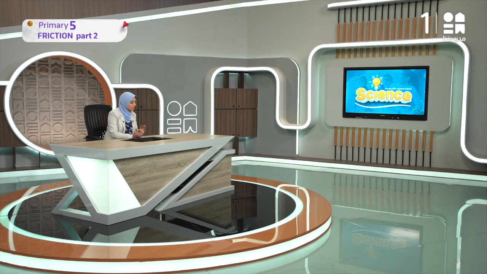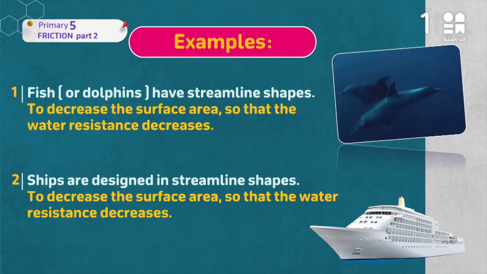Also the ships. The ships are designed in streamlined shapes. طب يبقى هنا ليه عندها streamlined shape؟ برضو to decrease the surface area عشان نقلل ال surface area so that the water resistance decreases. عندنا هنا streamlined shape زي ما شايفين ده كده streamline shape.